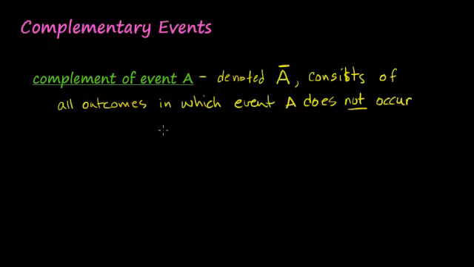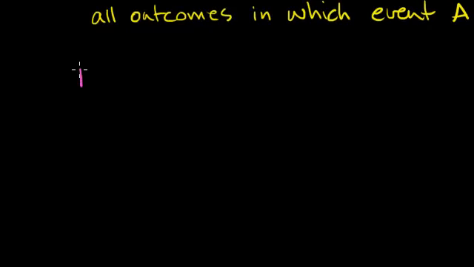So if you think about it in a sample space, if you're thinking about all the outcomes where event A does occur, and then all the outcomes where event A does not occur, then this mathematical relationship between the two should make sense. That the probability of event A plus the probability that A does not occur equals 1.